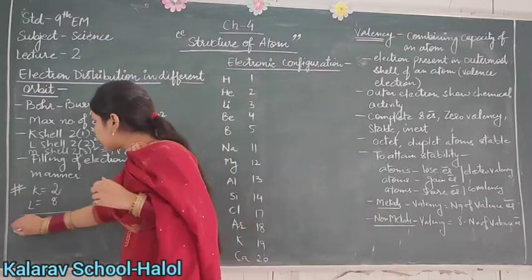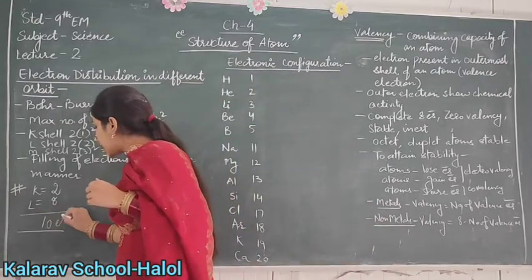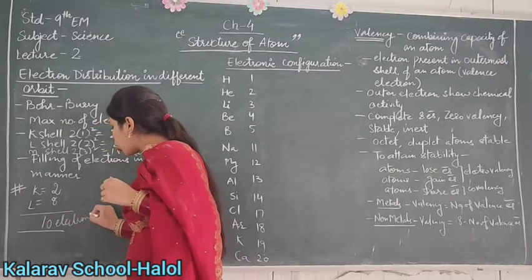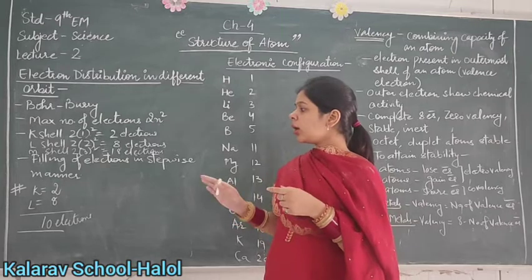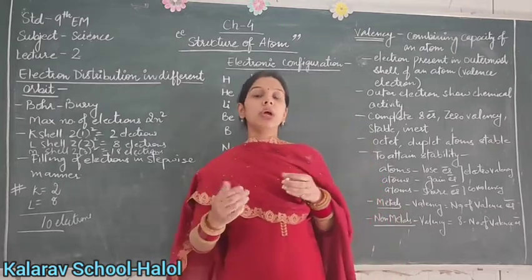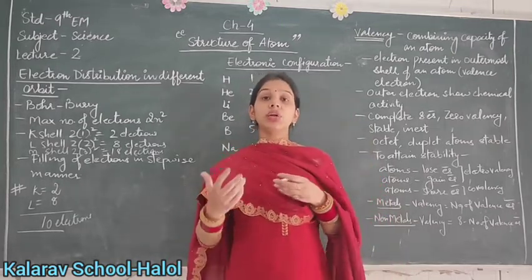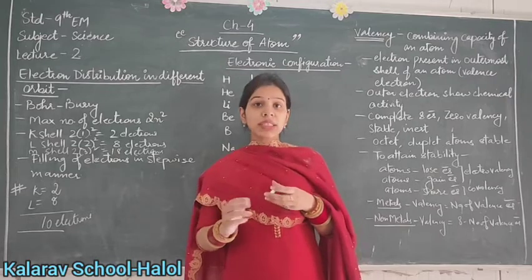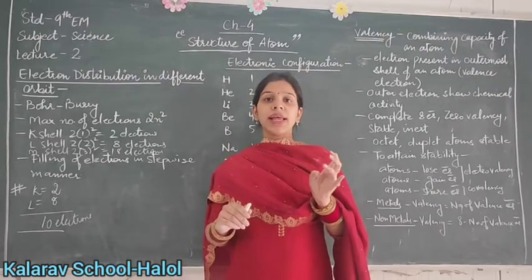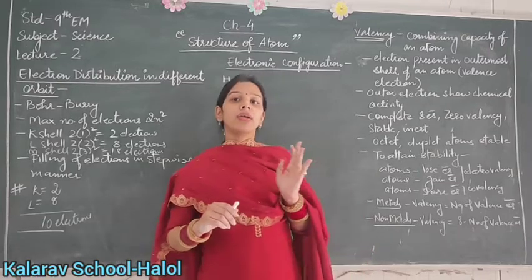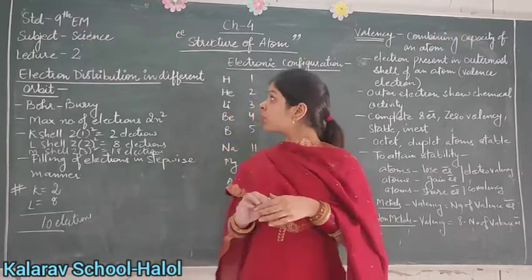The total number of electrons is 10. So the atomic number is 10. So we calculate the number of electrons, protons and neutrons by different means, by knowing the atomic number, mass number, and K, L, M shells.